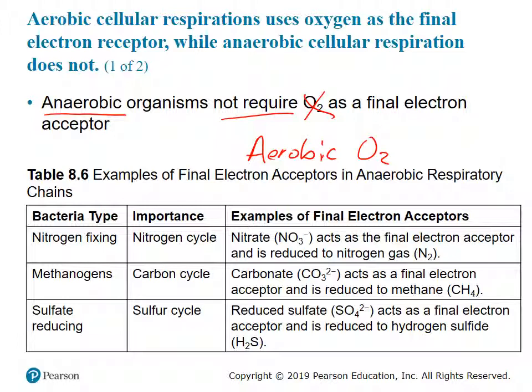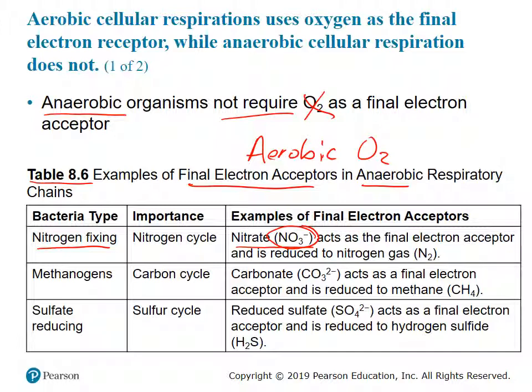And so here are some examples in this table here that show final electron acceptors for anaerobic respiratory chains, or the electron transport chain for these particular organisms, right? So if you're a nitrogen fixer, which you're a bacteria that actually converts nitrogen, you actually use nitrate. This is the chemical, right?